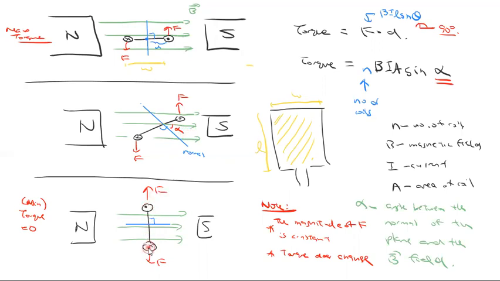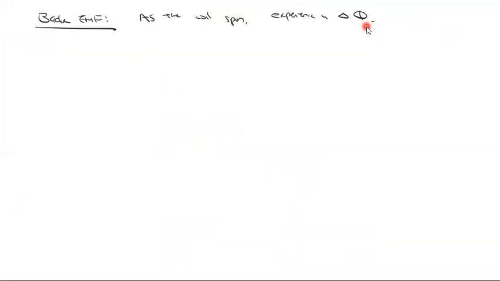I only drew 3, but you can see that line didn't pass through, whereas that line does now. So the flux going from here to here has gone up, and as it turns the other way, it's going to start going down. The short version is that as it turns, you'll experience a changing flux.